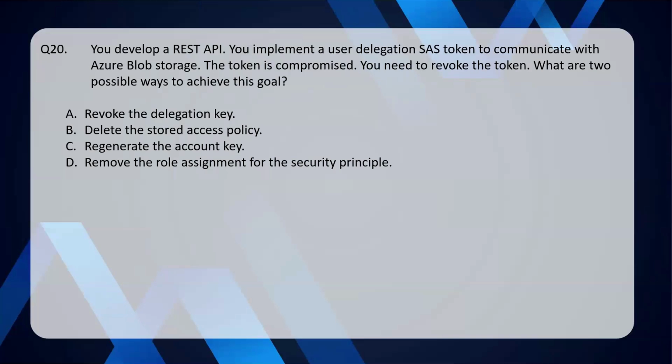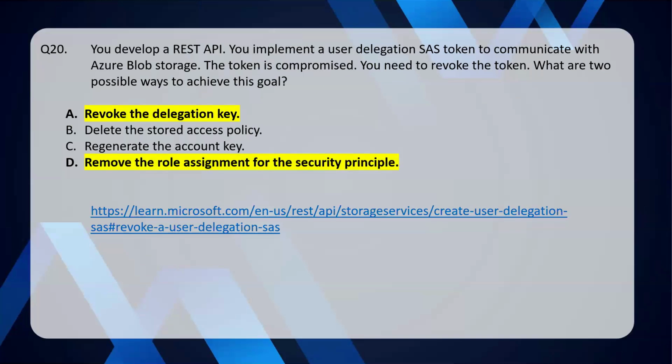Now friends, user delegation SAS depends on a user delegation key which is valid for a limited time and is issued by Entra ID. You can revoke this delegation key which effectively invalidates the existing user delegation SAS tokens. You can also revoke the token by removing the role assignments of the security principal.